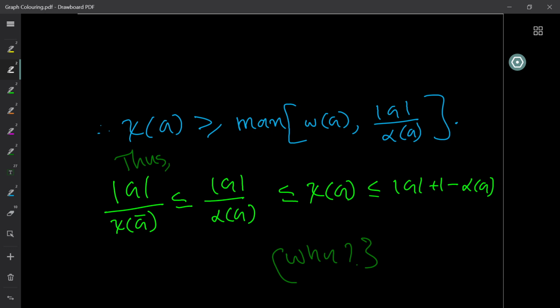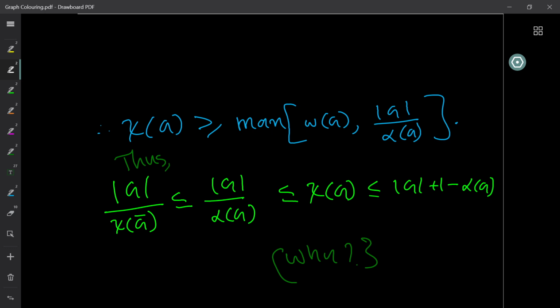So I want to see, right? The chromatic number of the graph, of course we know that it is at least the clique number omega of G. But now if the graph has independence number alpha of G, the cardinality of the largest independent set, then the number of vertices divided by alpha is also a lower bound on the chromatic number, right?